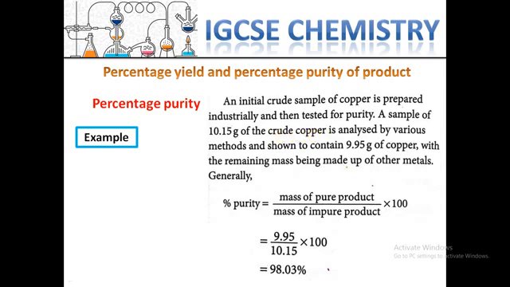So our total product is 10.15, then times 100, then you can run the calculation. So this question is very simple. You just need to replace the numbers in the equation. You need to practice and repeat the equation, then replace the values.